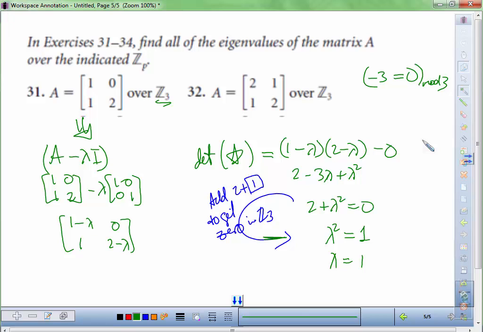Or 2? You have the factorization up there before you multiply it out. Oh, right there also, huh? So it turns out that 2 times 2 is 4, which in Z3 is equal to 1. So here are your eigenvalues.